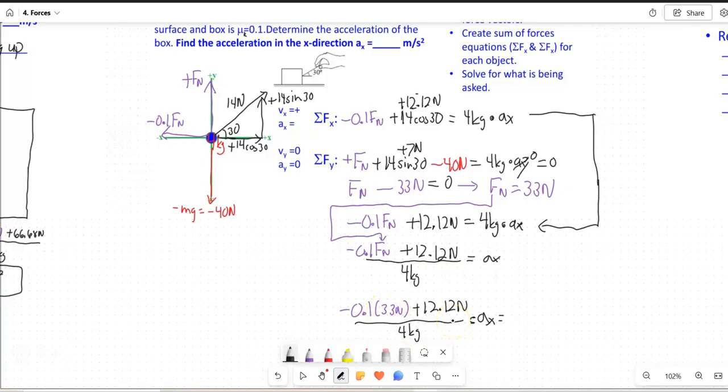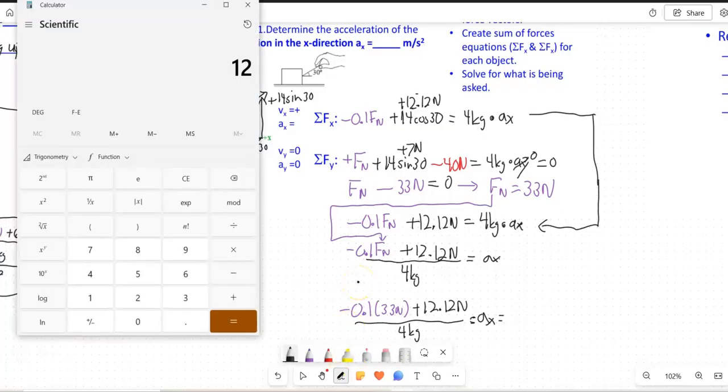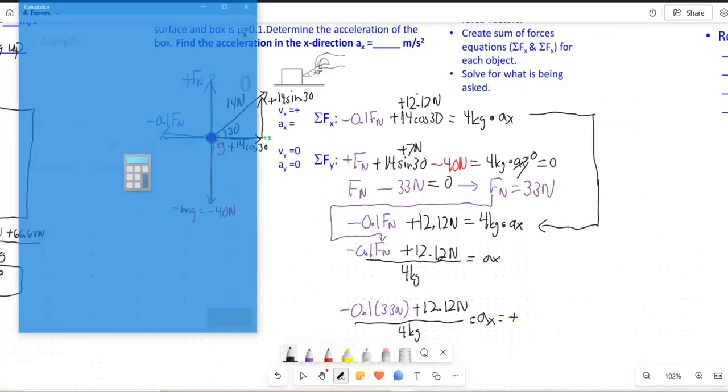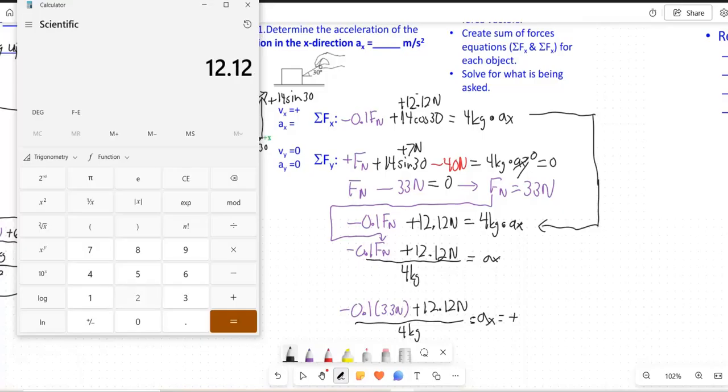I've got to put this in the calculator first. 12.12 minus 3.3, equals, and we're going to divide that by 4 kilograms. Let's try that again: 12.12 minus 3.3, divided by 4.